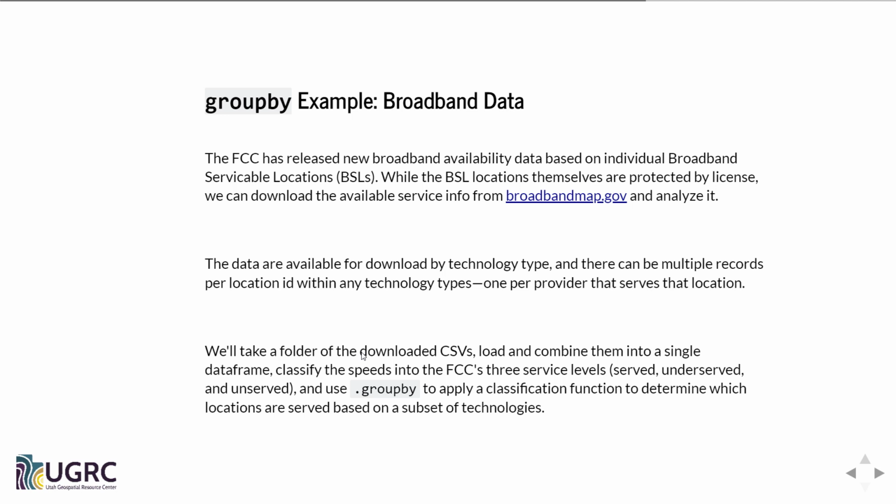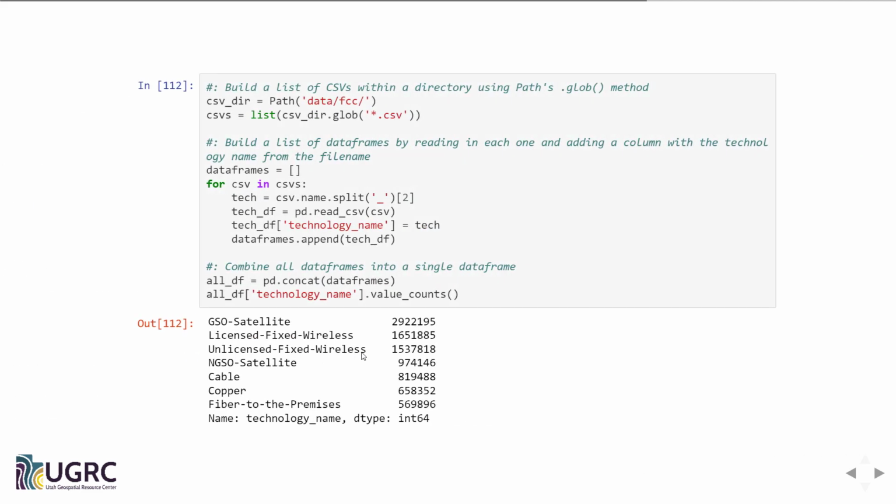So I'm going to take this data and figure out, based on the technology type and the speeds it gives, whether each point is served, underserved, or unserved, based on certain speed tiers. So that's a brief overview.